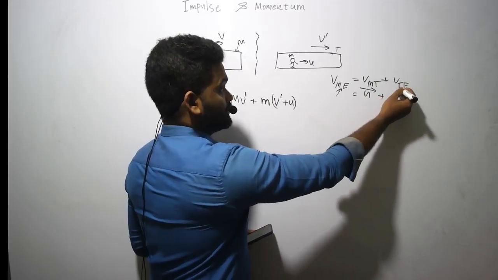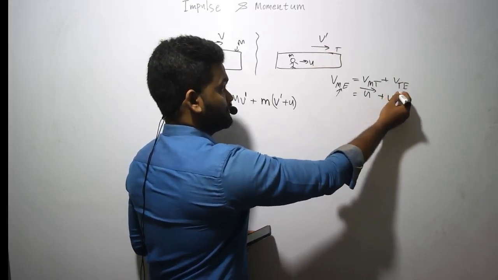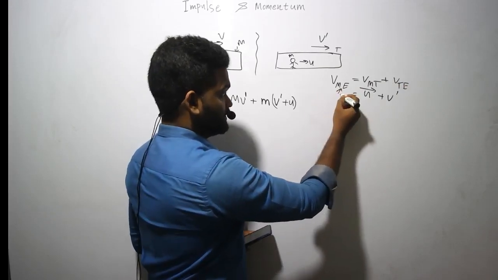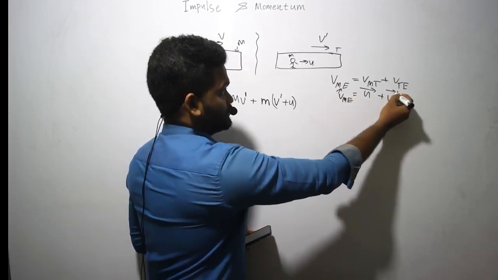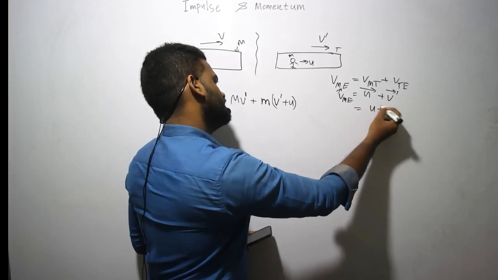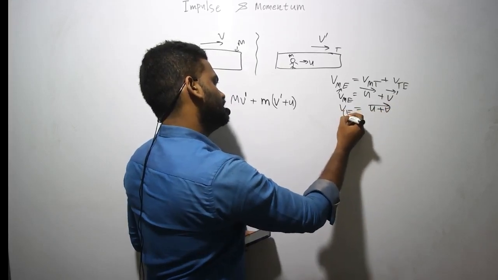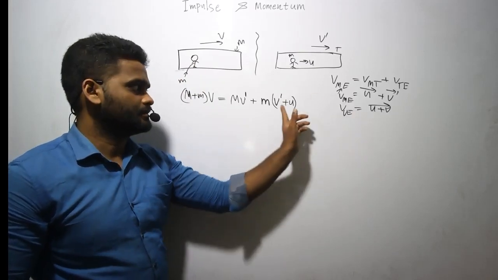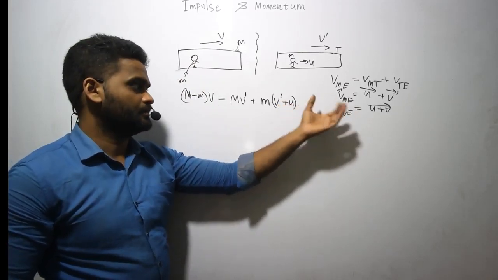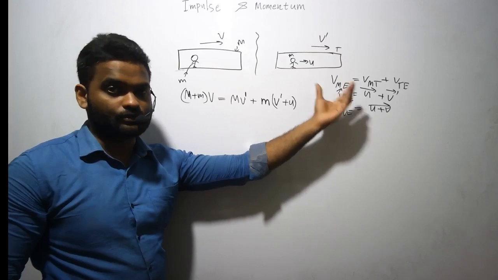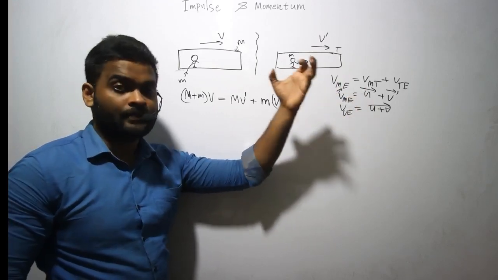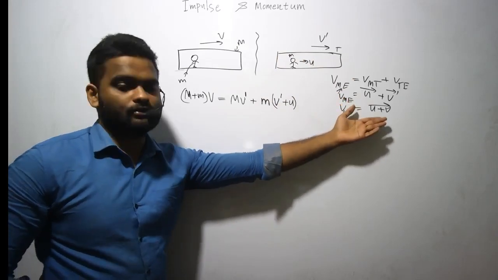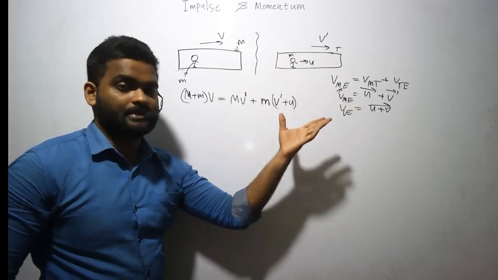Plus, relative to the Earth, the velocity of the trolley is V dash. So you can get Vme. They are in the same direction, so you can just add those two to get the velocity of the man relative to Earth. That's what I got. Even without solving, if you are used to relative velocity and have solved enough problems, it is obvious. You don't have to do this; you can just take it as V dash plus u.